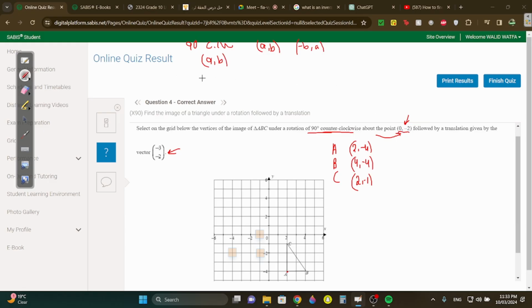So let's solve it for each point. From 2, negative 4, 4, negative 4, and 2, negative 1. Okay? We need to find the A comma B for each one, if we're going from 0 comma negative 2.